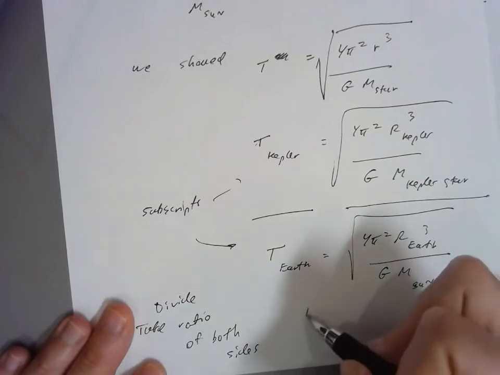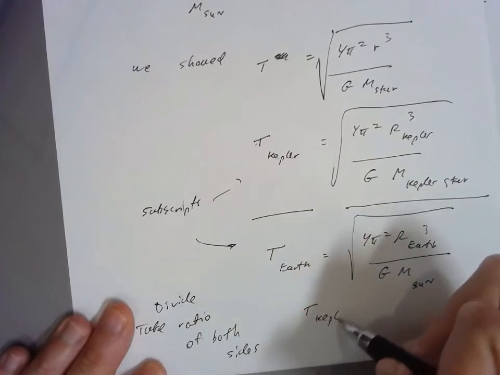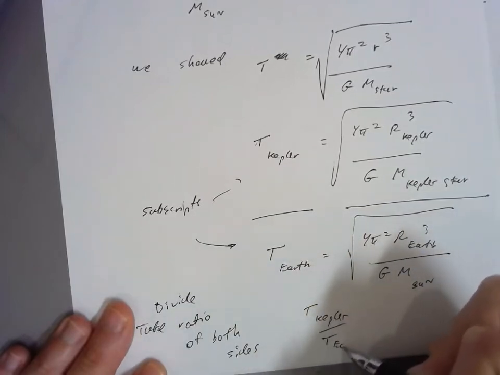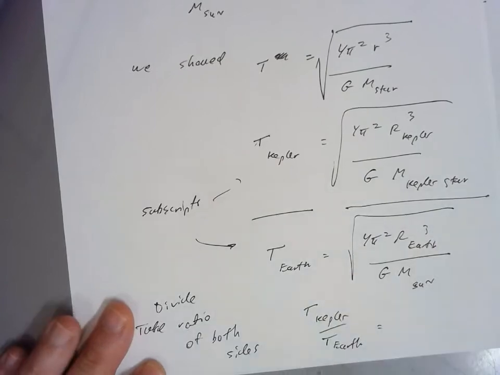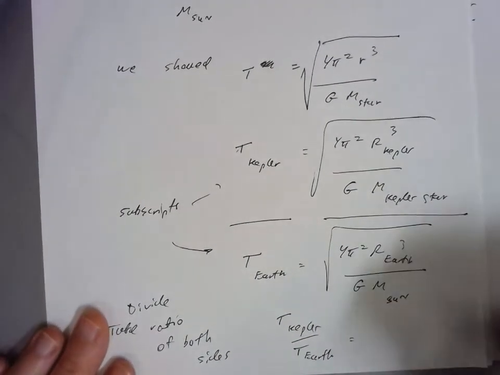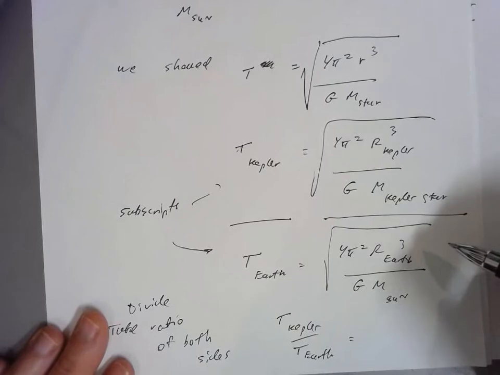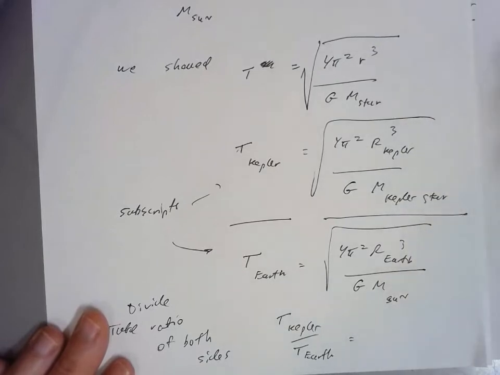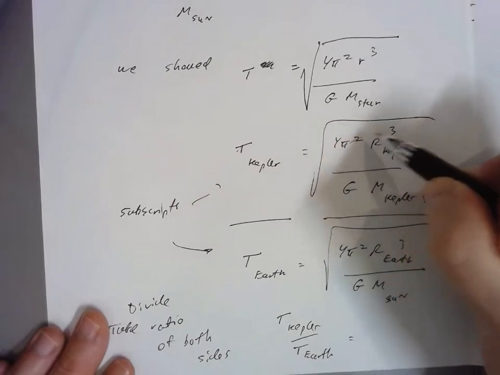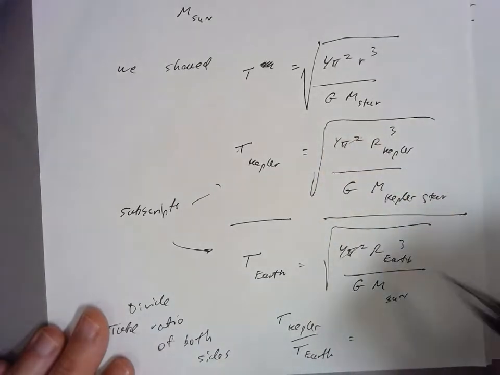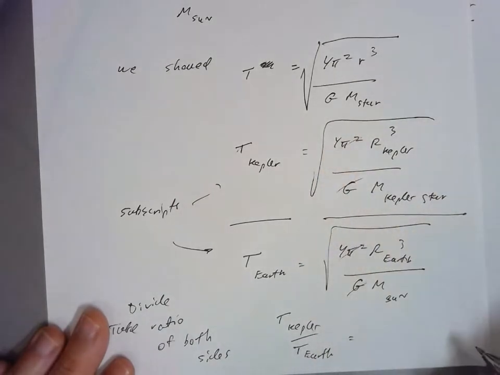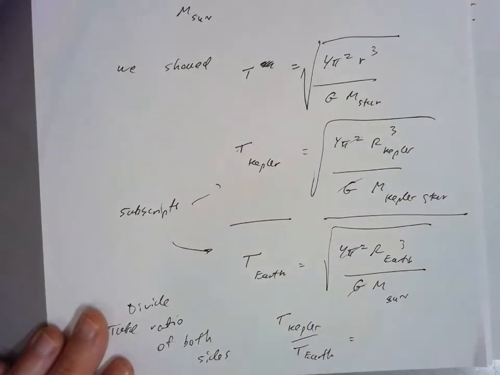If I do that, on the left I get the period of Kepler compared to the period of Earth. And on the right side, most of these things are constants that are the same for both Kepler and Earth, so they're going to cancel out. So we have 4 pi squared, big G cancels. So this will simplify a lot.